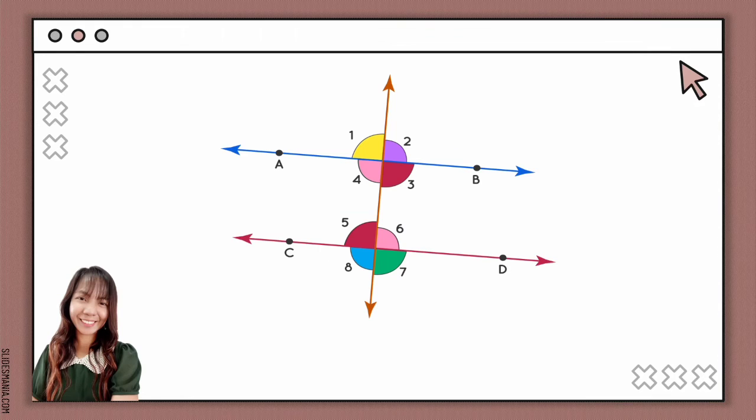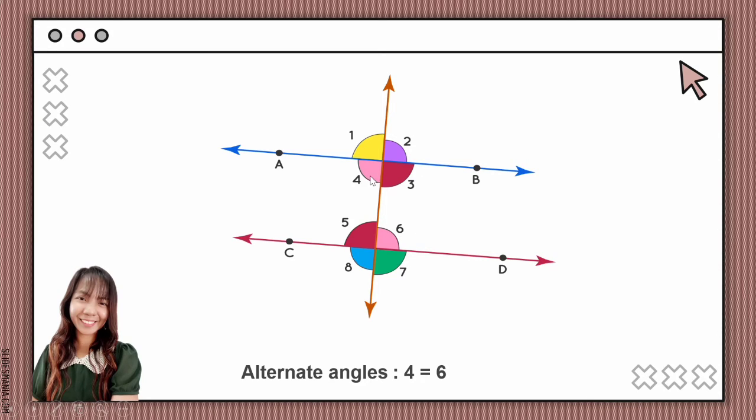Next, another type of angle pair formed by a transversal is alternate angles. Please repeat after me. Alternate angles. The example of alternate angles is angle 4 and angle 6.